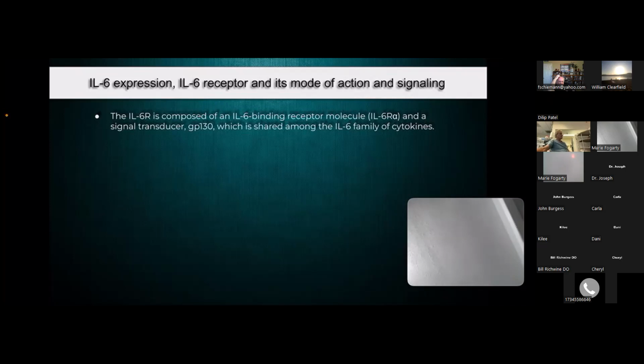And the head is the glycoprotein 130. And interleukin-6 requires that in order to trigger the events that are happening. If there are cells that have glycoprotein 130, just the head by itself, interleukin-6 by itself will not do anything. It needs the lock and key.